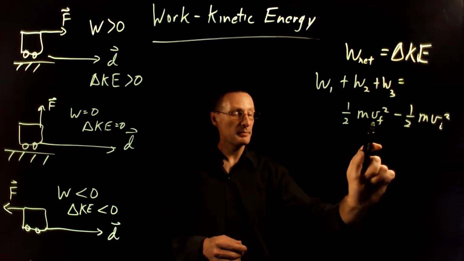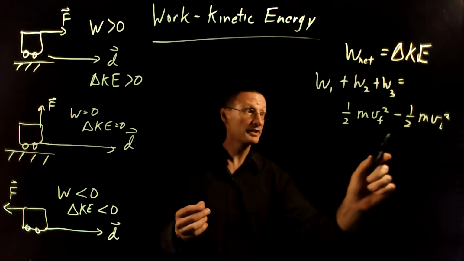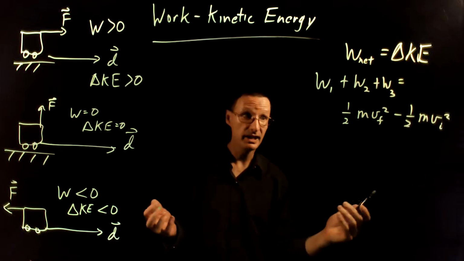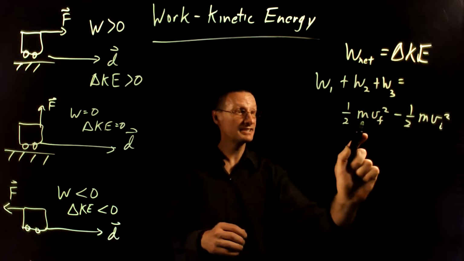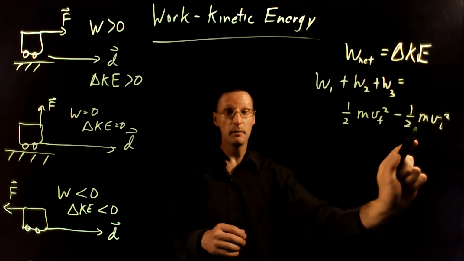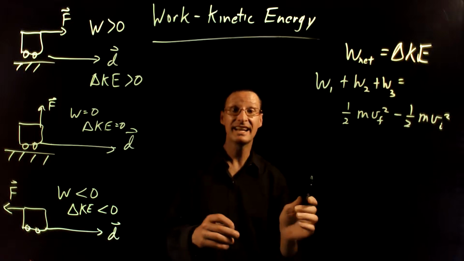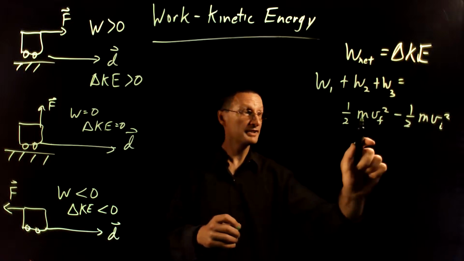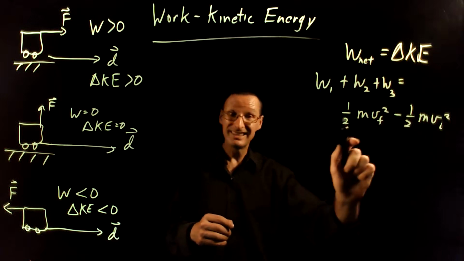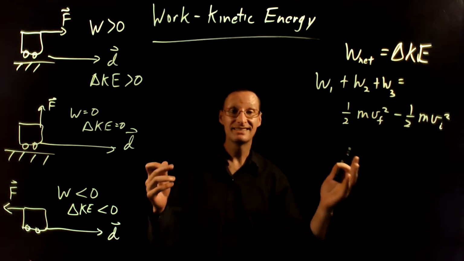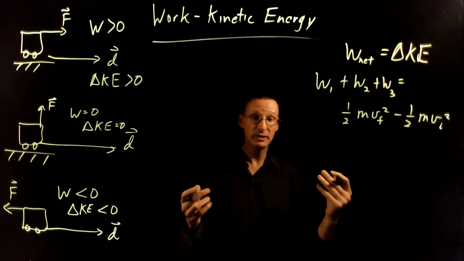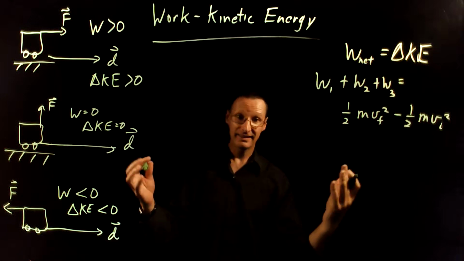If this is positive, that means the final speed is bigger than the initial speed, and it speeds up. If the work done is negative, that means this term is bigger. That means the initial velocity is bigger than the final velocity, and it has slowed down. And if these two are the same, this will be zero, and the work done will be zero. So that is the connection between the work done and the kinetic energy.